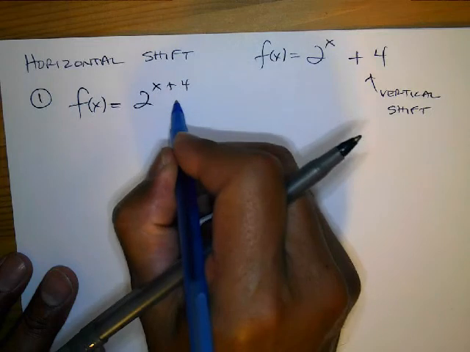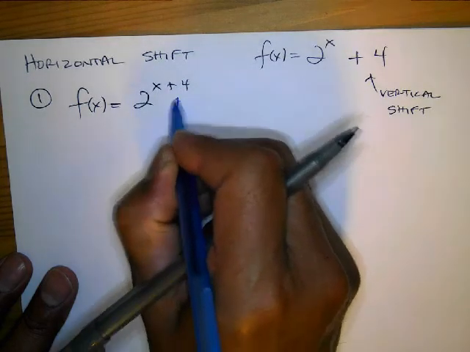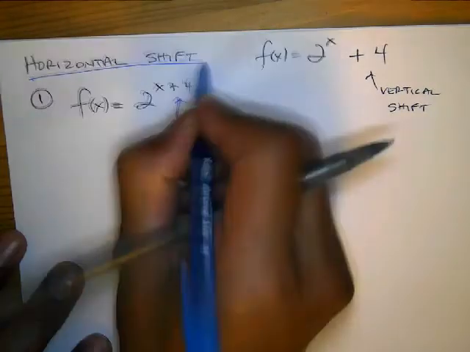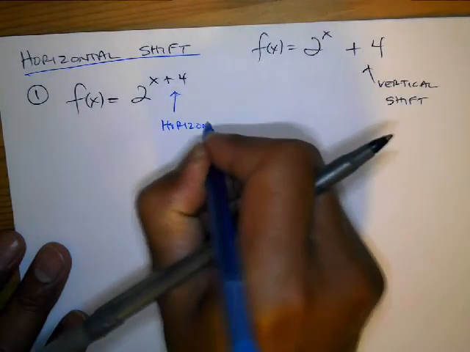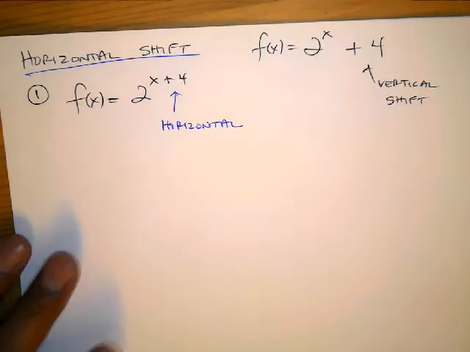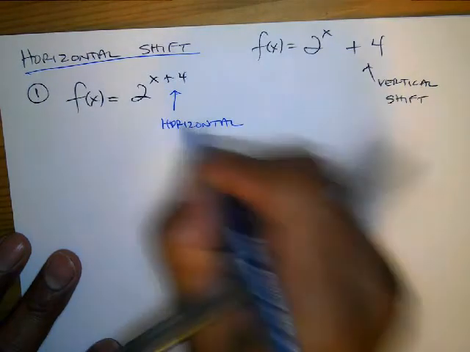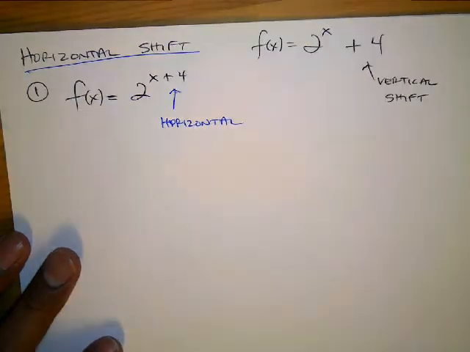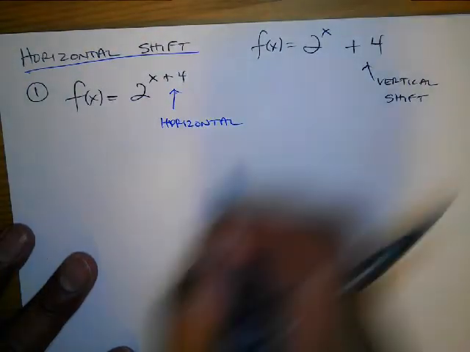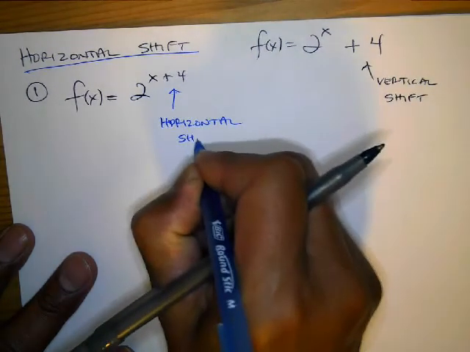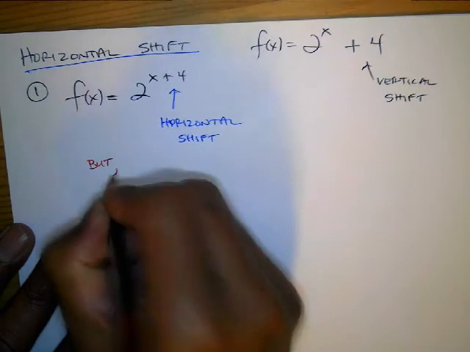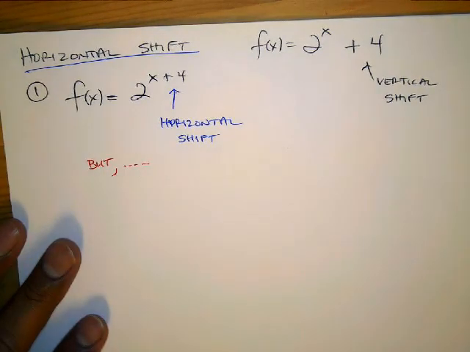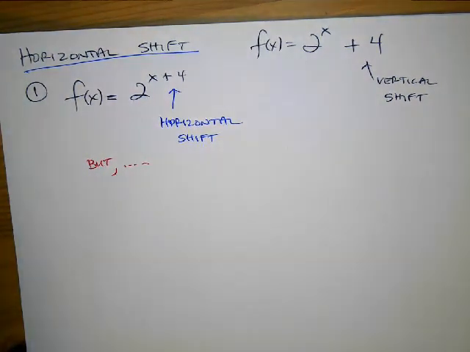This one, when it's up here with the x, up here in the top with the exponent, this right here is your what? Horizontal shift. But if you remember when we did the other parent functions, the parabolas, the absolute value, and all that stuff, here's the big but. You do the opposite. Remember that?